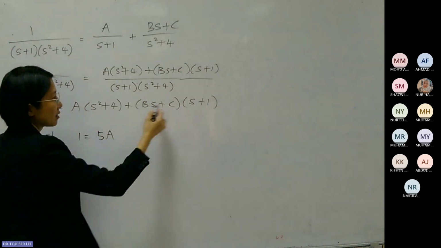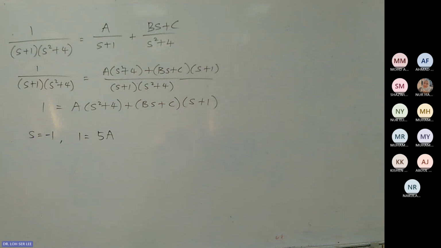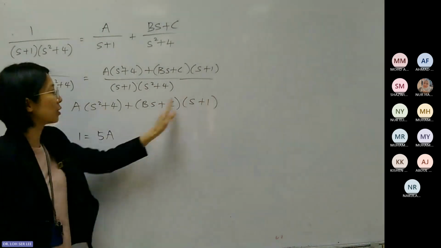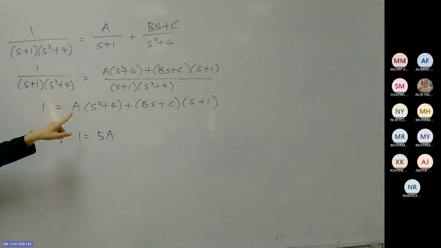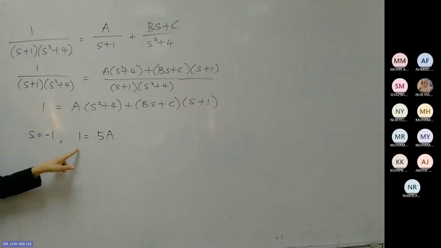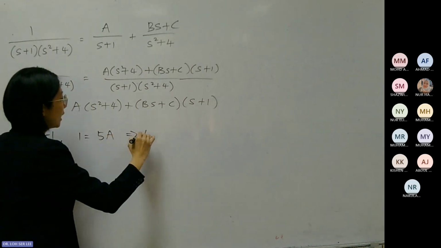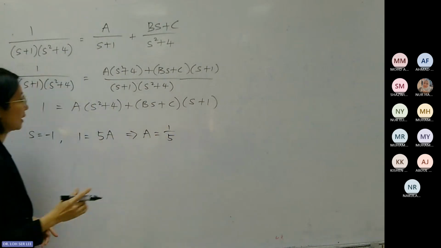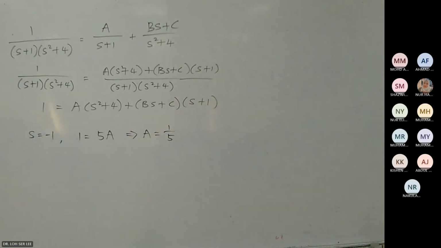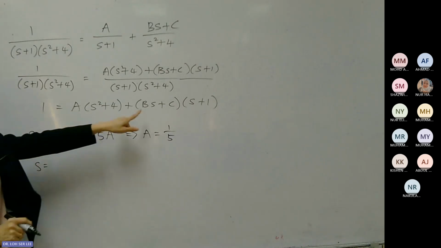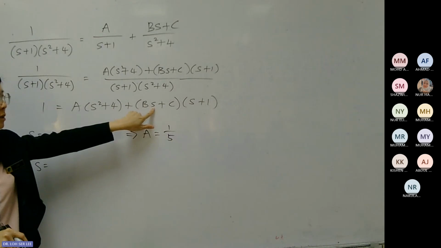This is the purpose why we choose s as minus 1, because we want this to be gone. We want to have only one unknown in the equation in order to get the value directly. Then we get A. Next, we will choose 0, because when s is 0, that means B is gone.